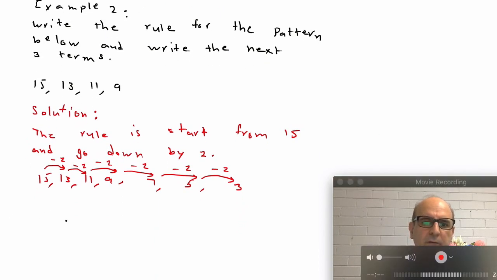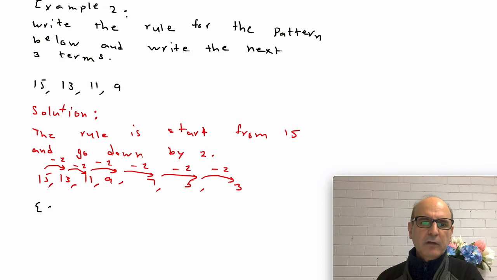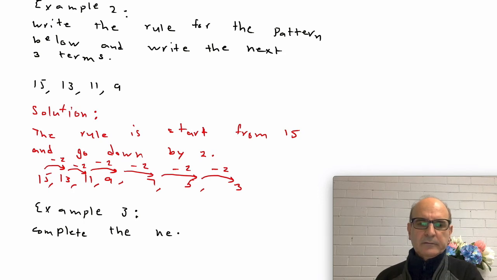And sometimes the rule involves multiplying, and that is the example we are looking at now. Complete the next 3 terms for the sequence below.